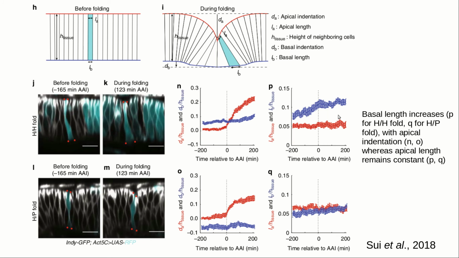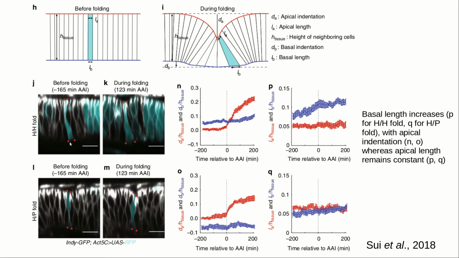However, changes in cell shape are different between both folds. You can see how in this hinge fold, the basal length increases in blue, whereas in the hinge pouch fold, the basal length remains constant. Okay, and you can appreciate this in the pictures.